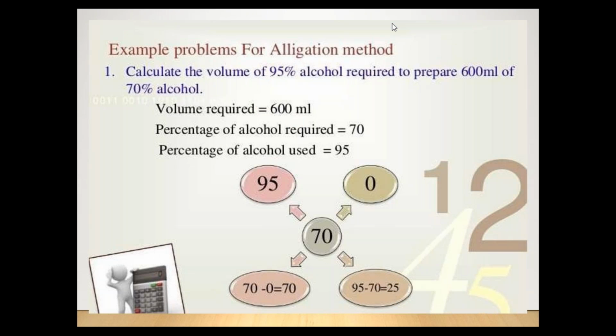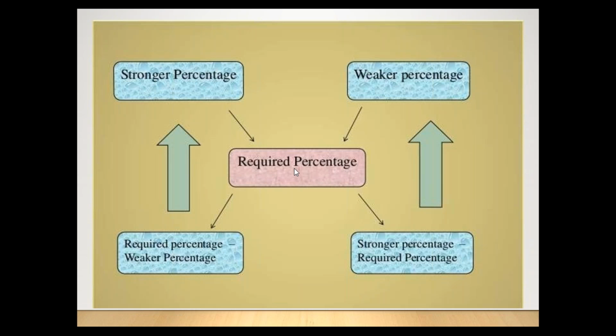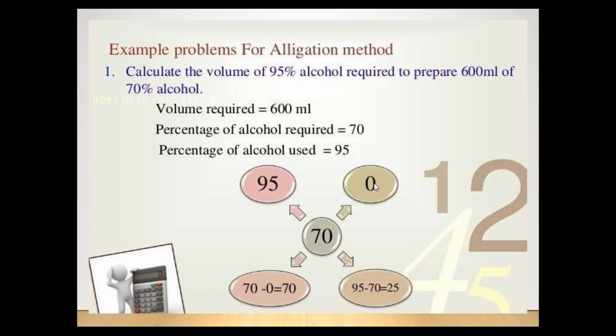And again, if you go back, what is there towards the left side? Required percentage minus weaker percentage. So required minus weaker. Here they have written 70 minus 0. There is no negative here, so it's considered as positive 70. Okay. Clear how they have got this?